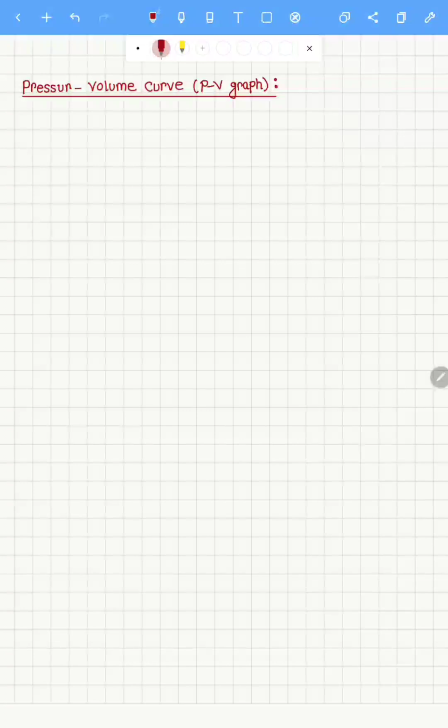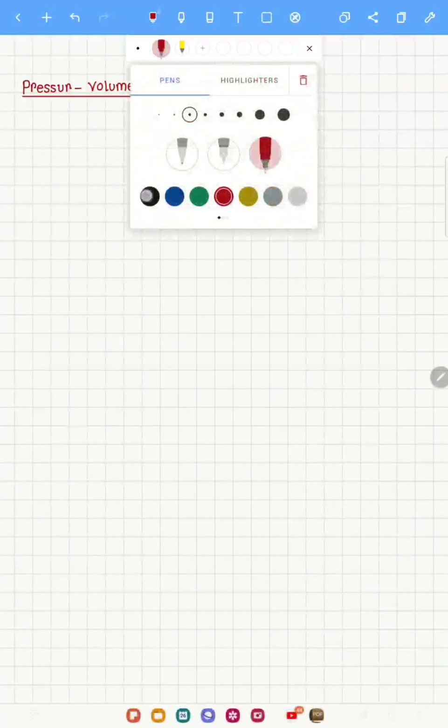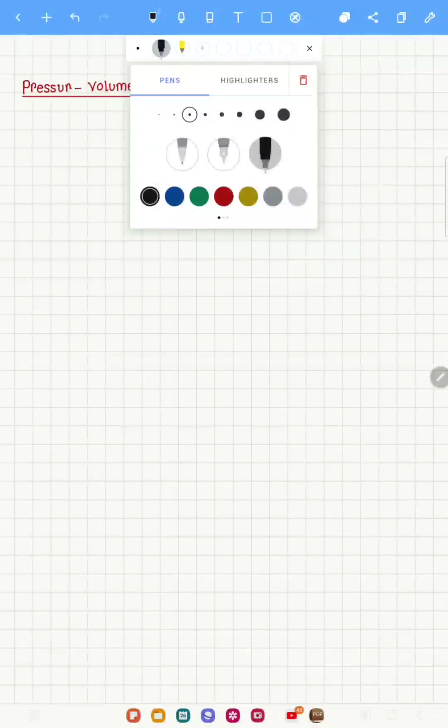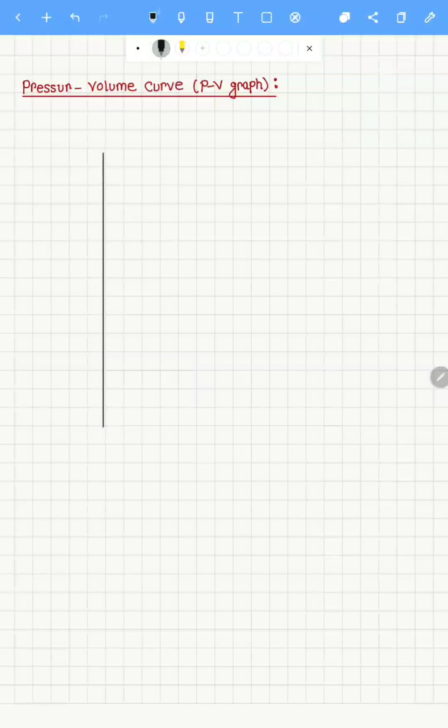As we all know, a graph has two axes, the x-axis and the y-axis. So let me draw two axes in this graph also. This is the x-axis and this is the y-axis.